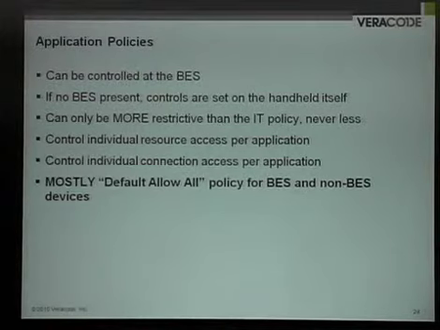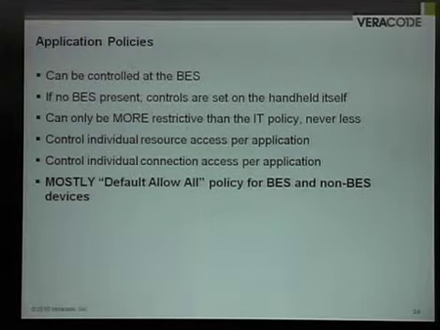Then there's application policies, which are similar to IT policies, but they operate one level lower at the handheld itself. These aren't controlled directly by the BES, but they may be superseded by the BES. So if the BES pushes you can't install third-party apps, you can't change that by using an application policy. But if the BES says you can change it at the individual handheld level, okay, so it can be superseded.